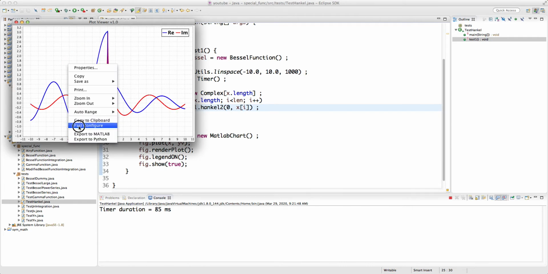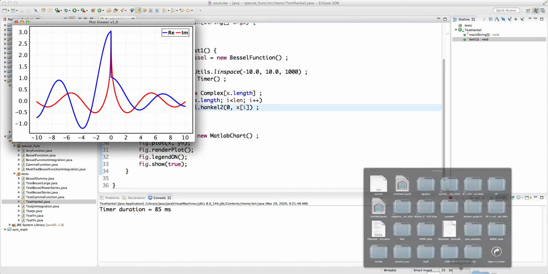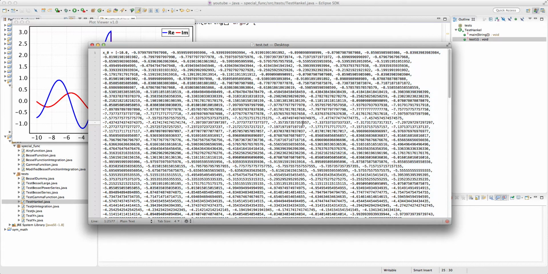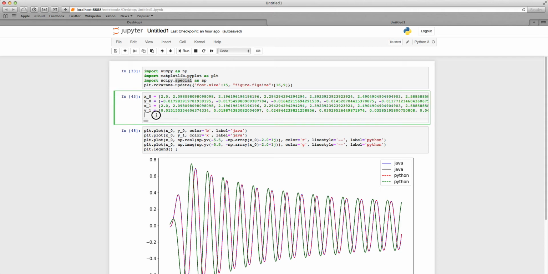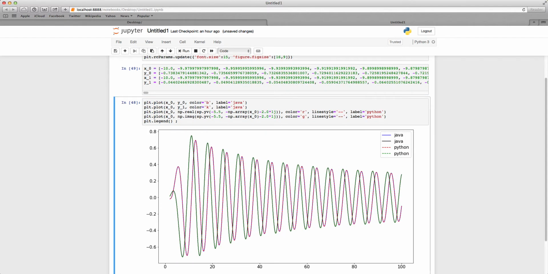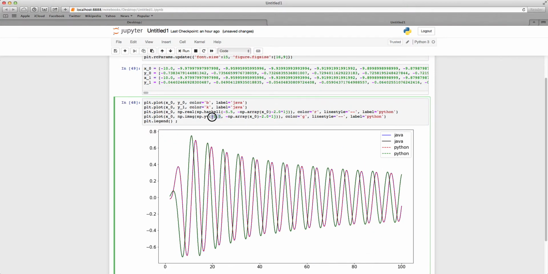So let's export this also to Python and compare the results. Here instead of scipy y nu, I'm going to call Hankel 1, right? And Hankel 1, what was the index that we used? 0. So index 0.